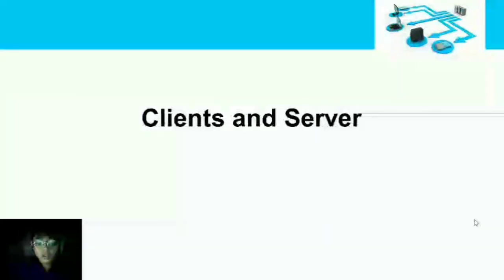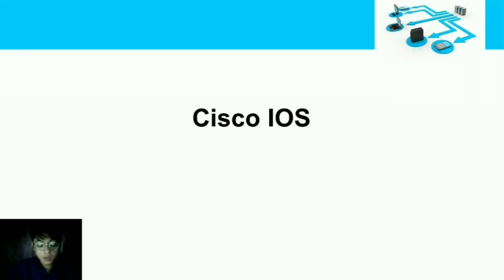You also have to know about clients and servers. A client simply requests information from the server, while the server is the one that provides information for the clients. Then, Cisco iOS. When we say Cisco iOS, we are talking about an operating system.